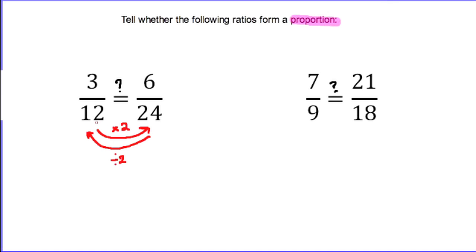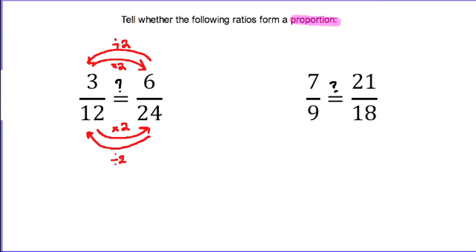Let's see if that pattern holds on the top half of the ratio as well. If I go from 3 to 6, yep, there it is again, times 2. Or working backwards from 6 to 3, I divide by 2. So there's a pattern between ratios that is equal for both the bottom part and the top part of the ratio.